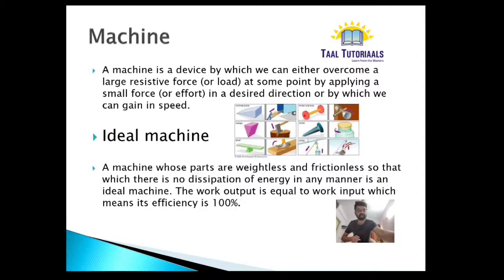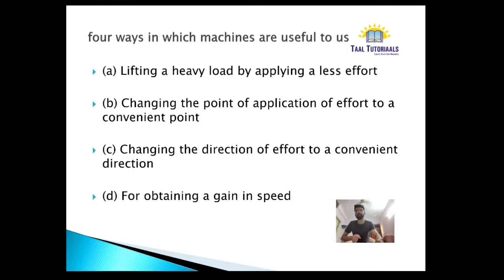Now we'll come to the next topic, that is four ways in which machines are very useful to us. First is lifting a heavy load by applying less effort. The best example is that a jack is used to lift a car. Second is changing the point of application of effort to a convenient point.